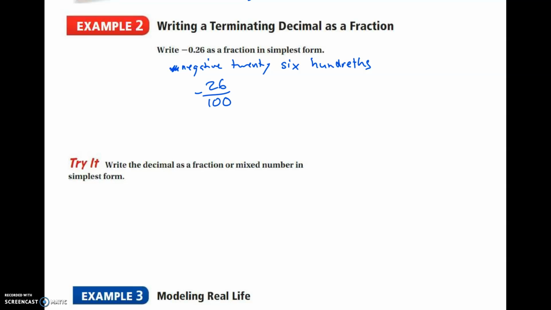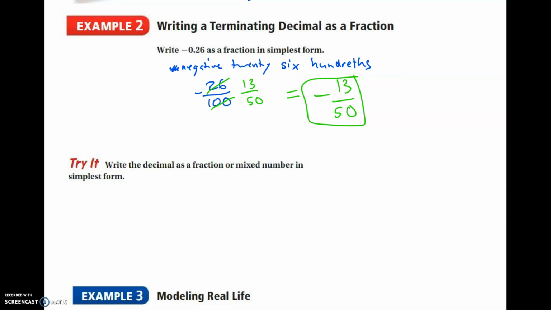And we look for common factors. I can tell that this has a common factor of 2. So if I divide both those by 2, I get 13/50. And then I have to just check, okay, 13 is a prime number and 50, those do not go into each other. So our final answer is negative 13/50.